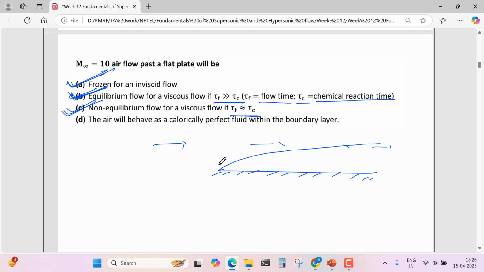So due to this thermal energy, the temperature will be high. Due to this high temperature, there might be vibrational and chemical non-equilibrium present in the system, or there might be chemical reaction also.